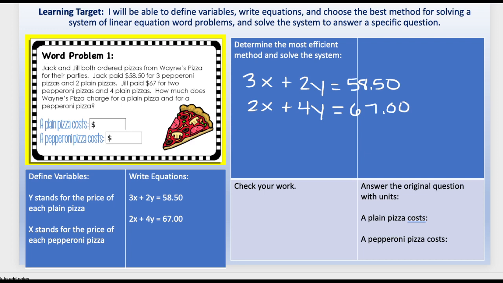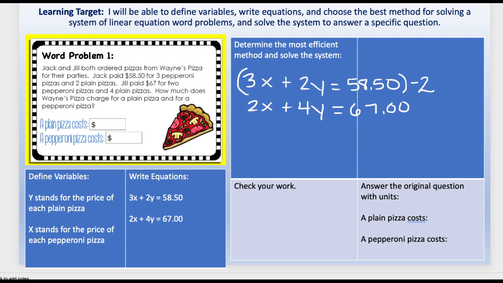So I'm looking at probably the easiest way in my mind would be to multiply this entire first equation by -2. And the reason I chose the -2 is because I know that that's going to make my y -4y, and if I combine it with this other equation, the y's will cancel out or be eliminated, and then I'll be able to solve for x.